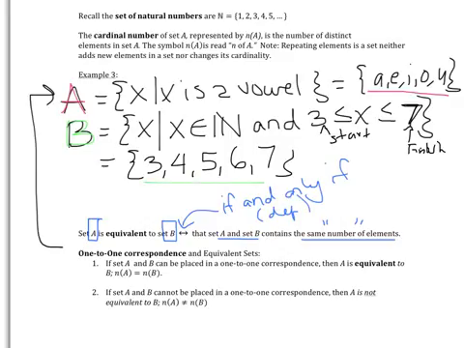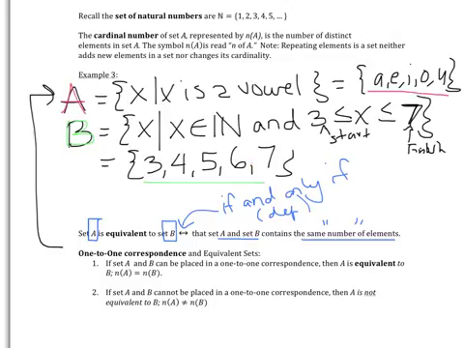So notice the same number of elements: A, E, I, O, U has 5 elements, and 3, 4, 5, 6, 7 are 5 elements.